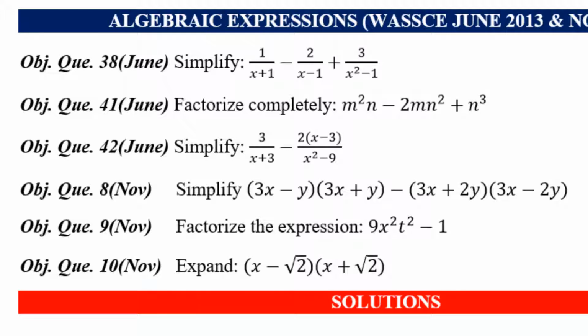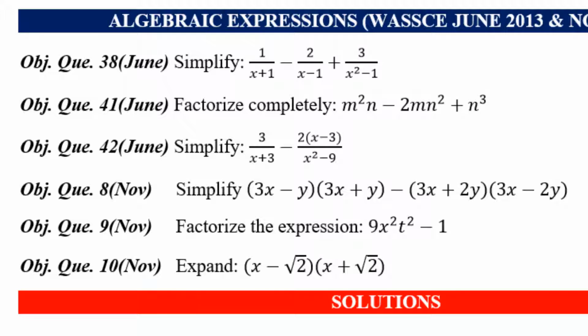Objective question 8, November. Simplify bracket 3x minus y multiplied by 3x plus y minus bracket 3x plus 2y multiplied by bracket 3x minus 2y. Objective question 9, November.